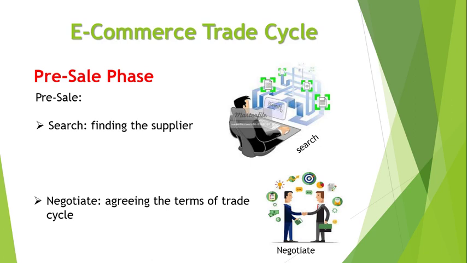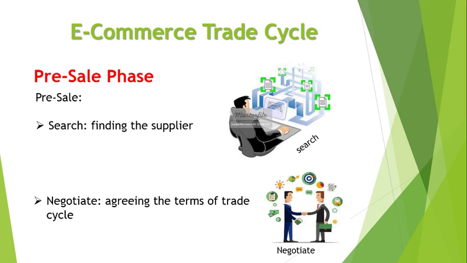So the first phase, pre-sale, is divided into two parts. How can we remember this? Consider the example of online shopping. First is searching the product, checking who is supplying that product, and another is negotiation, where you check the comparative charges and then agree the terms of the trade.